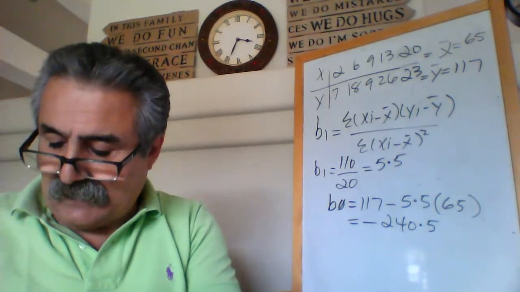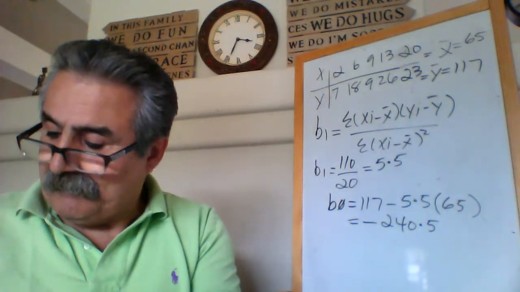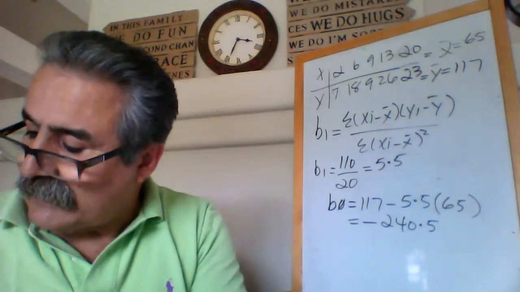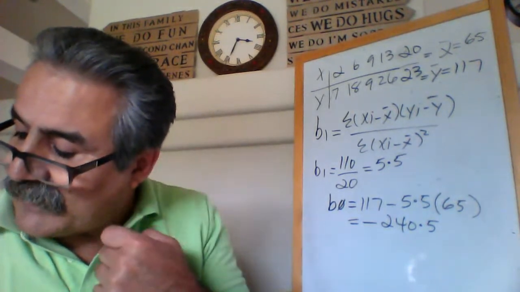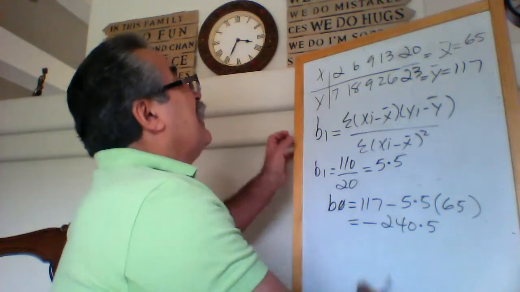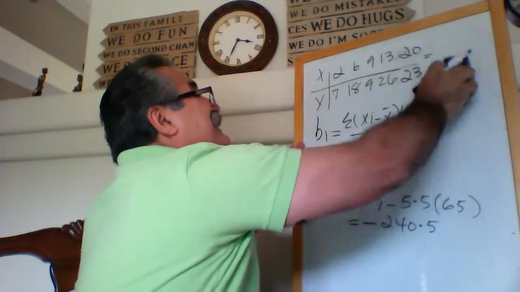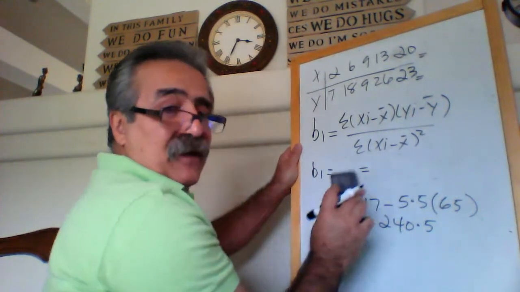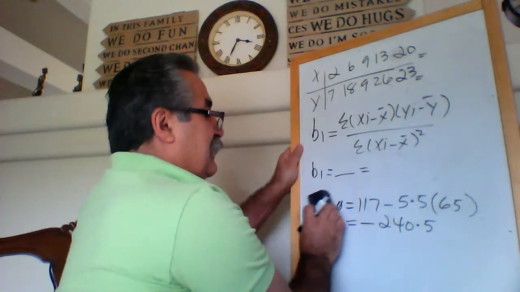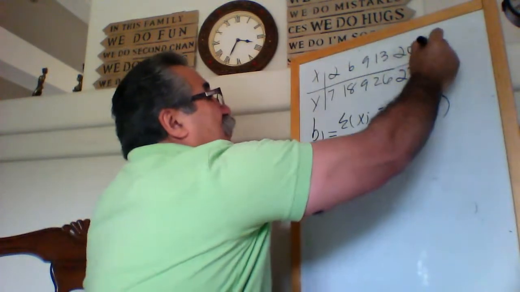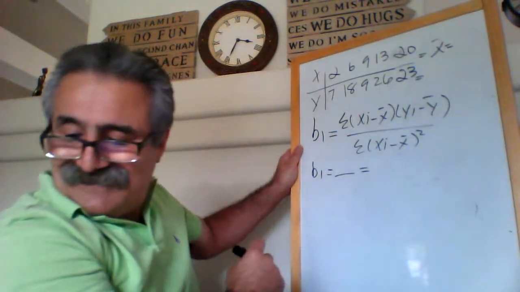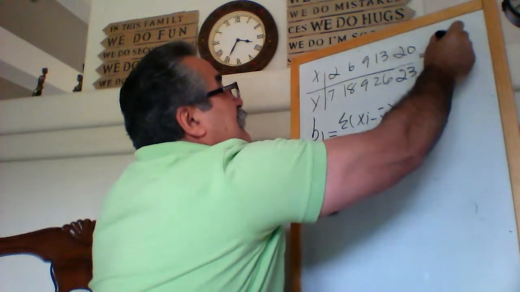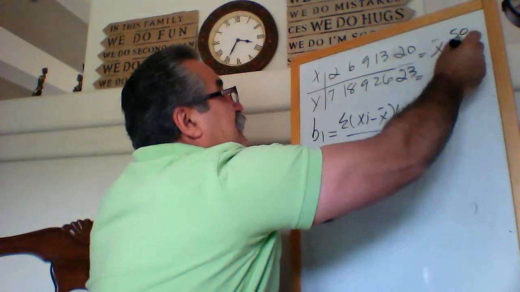Problem number 3. Hold on, guys. Sorry guys, I was reading off of 8 different notes. So x bar is equal to 50 divided by 5.